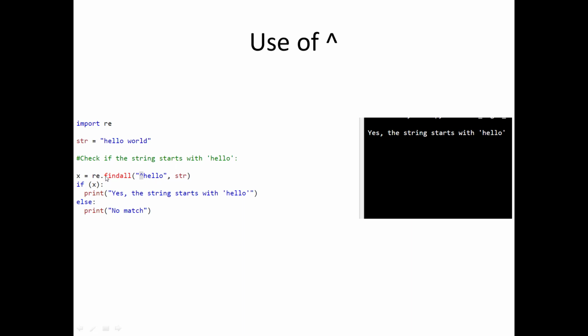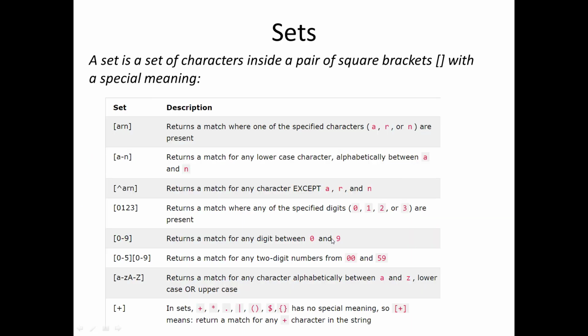If it does, we're going to put the results in this variable x. So if x, and this is just a boolean to say if x is true or if x contains some values, print yes, the string starts with hello. If it does not, we'll print no match. Now as you can see here, it does, so we print yes, the string starts with hello.